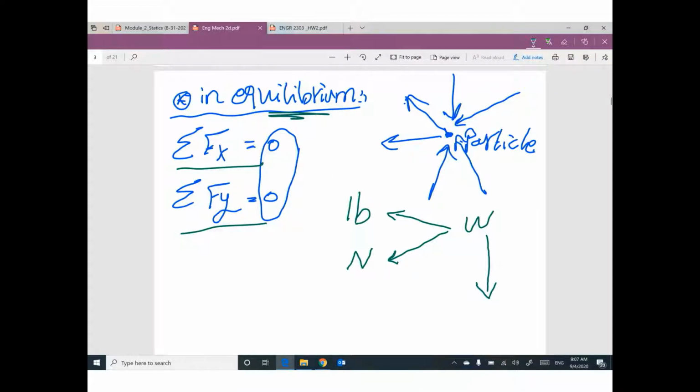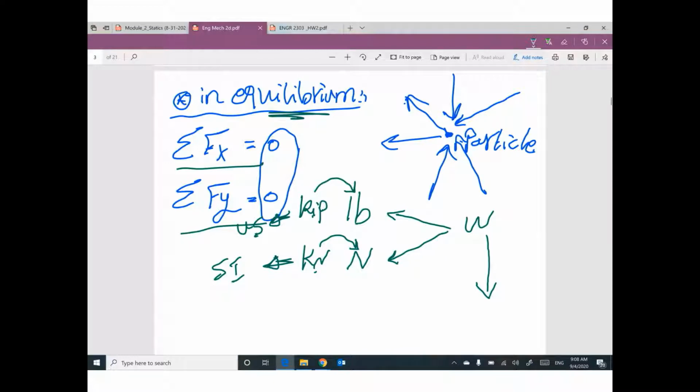Probably in kip or kilonewton. Kip is 1,000 pound. Kilonewton is 1,000 Newton. Whatever. These units for SI units, these units for US unit. We don't care about, but we need to learn that the weight should be one of them.